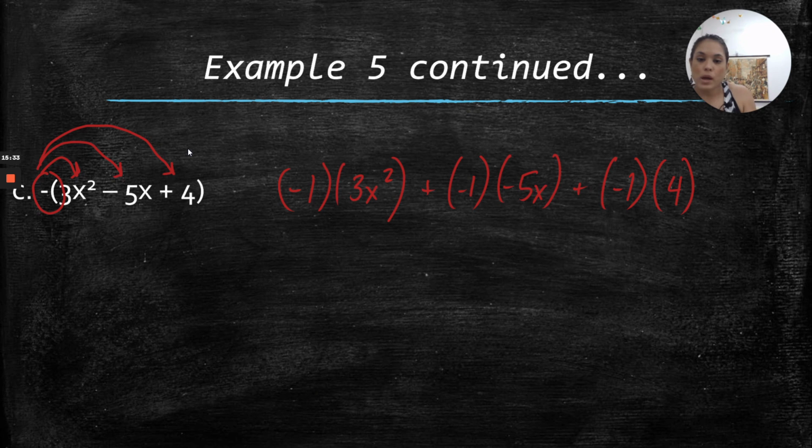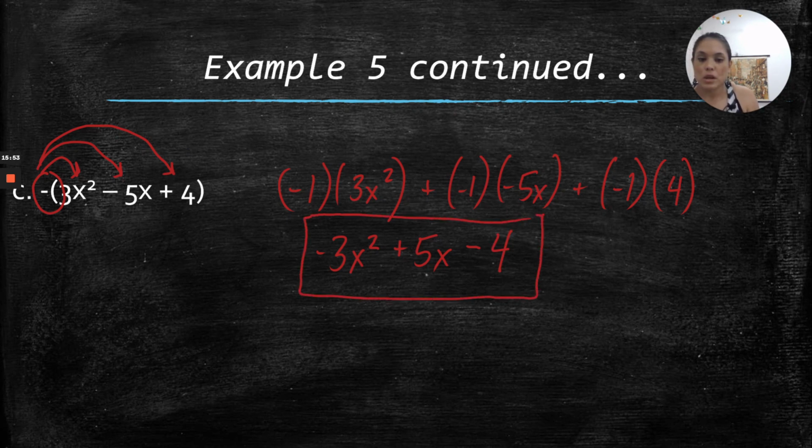So negative 1 times 3x squared is negative 3x squared. Negative 1 times negative 5x is a positive 5x. And then a negative 1 times positive 4 is a negative 4. So it basically just changed the signs of each term within parentheses.